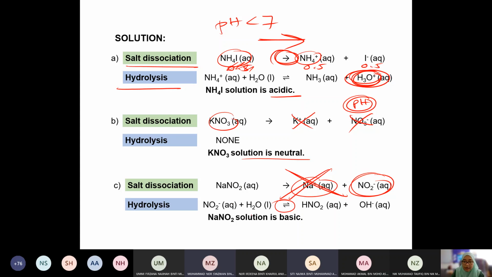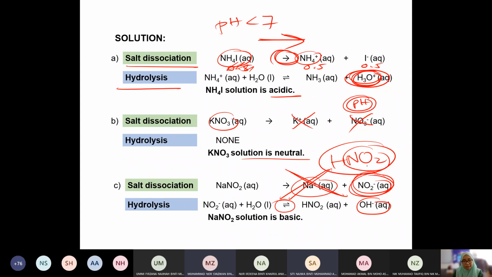Earlier we predicted it is basic, so it should be producing OH-. After all, this one comes from HNO2, a weak acid, so the conjugate will be a conjugate base.